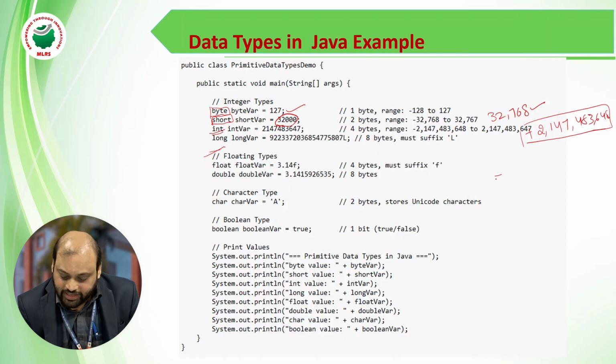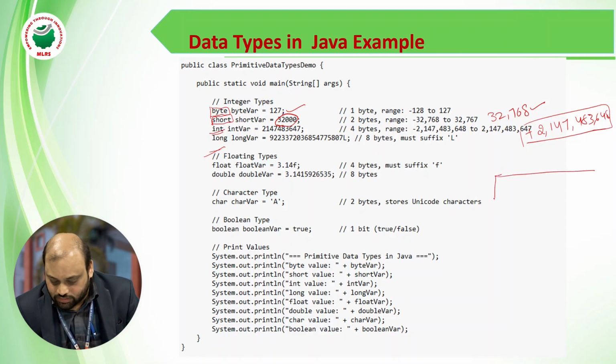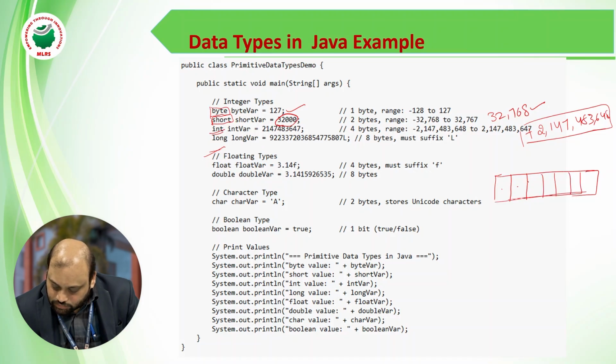For example, if you are taking 8 bits for a byte, the bit positions are numbered 0 1 2 3 4 5 6 7.